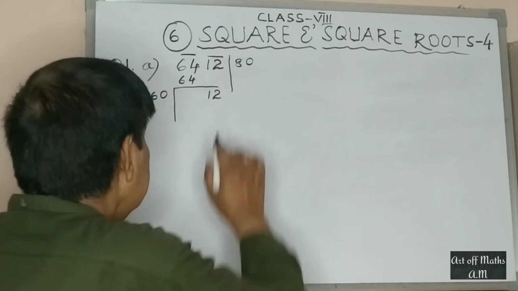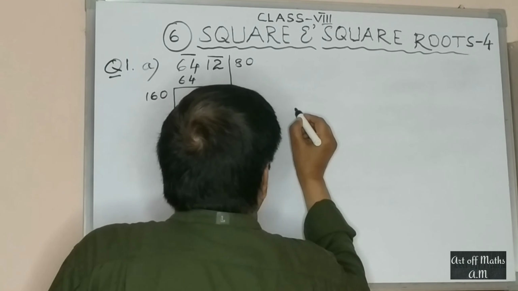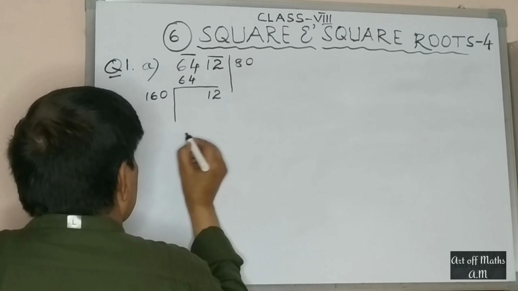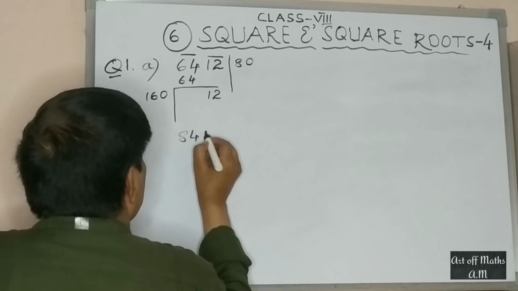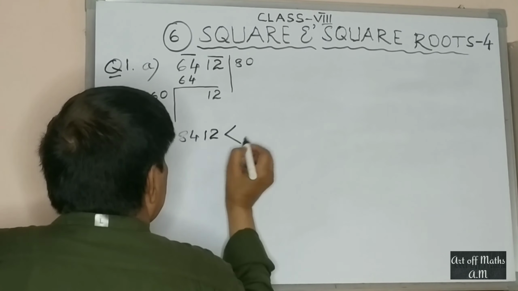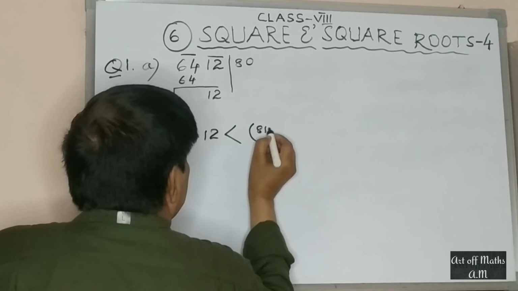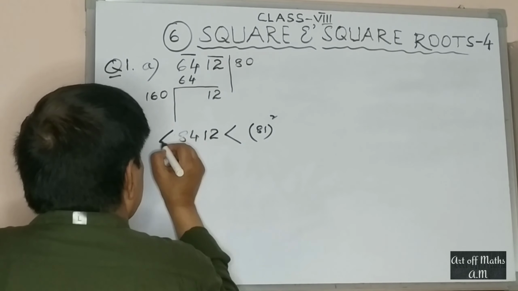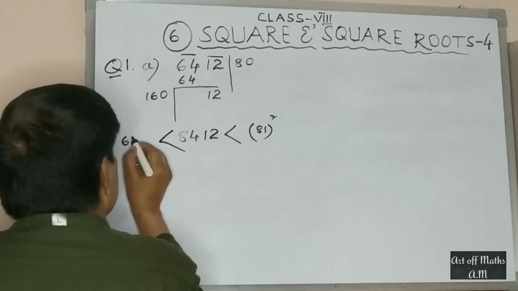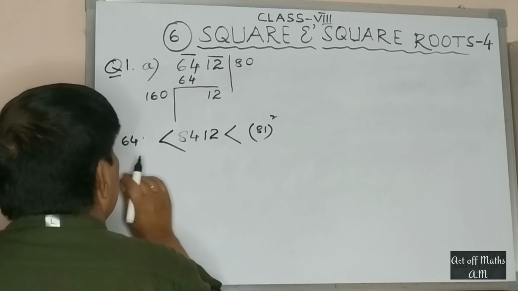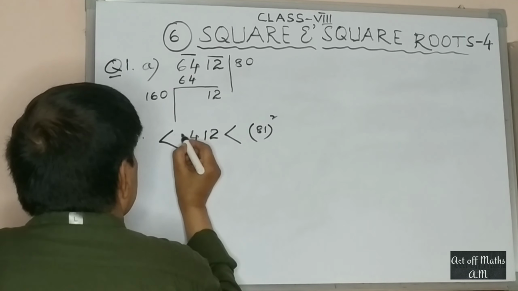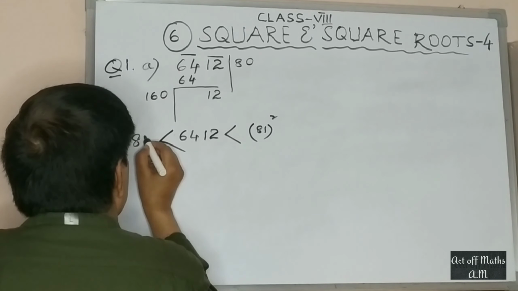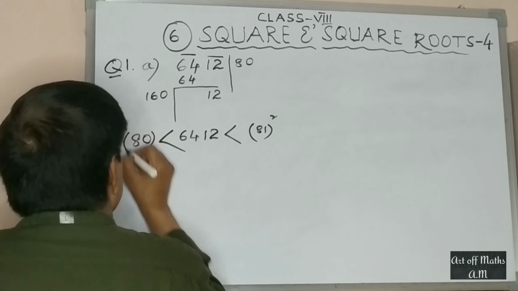So here in this case we have, जैसे 8 4 1 2 is less than 81 whole square. ये less than 6412. It is less than 80 whole square.